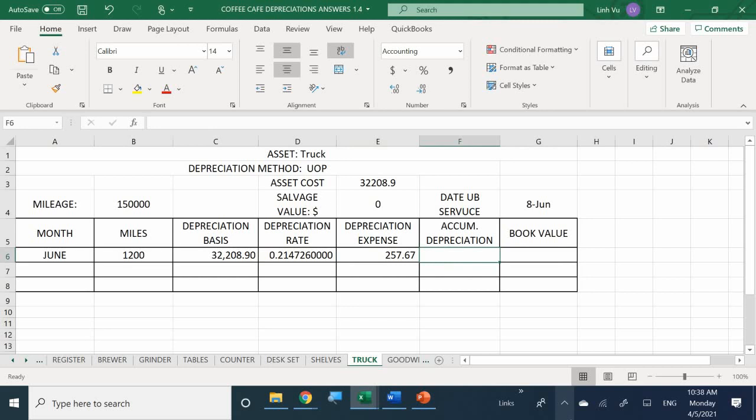Why can't we use that number? What's wrong with that number? This is just for 1 month. It is, okay, but for units of production, is it time sensitive? Do we care how long we use this asset for? No, we don't care. What do we care about?